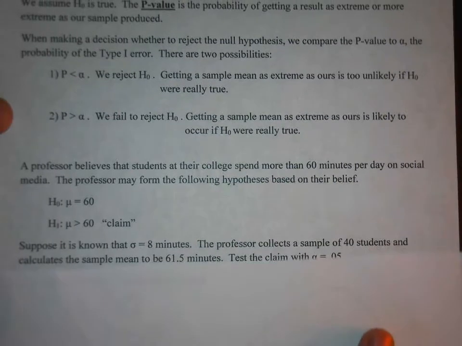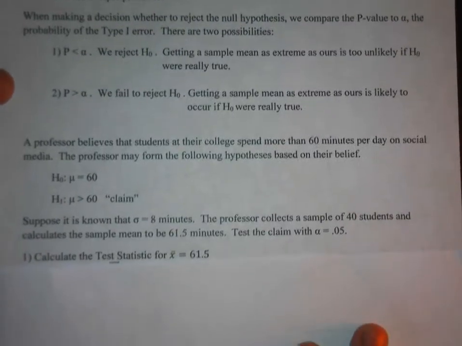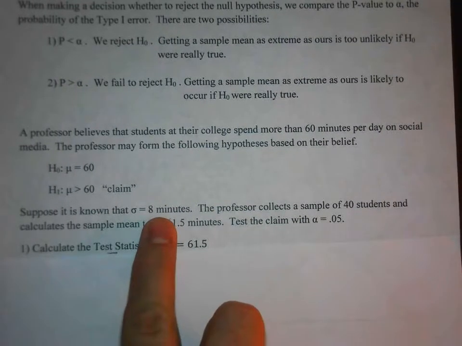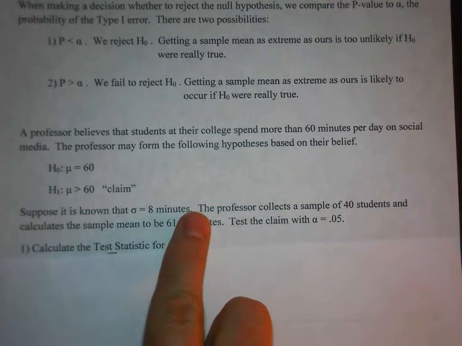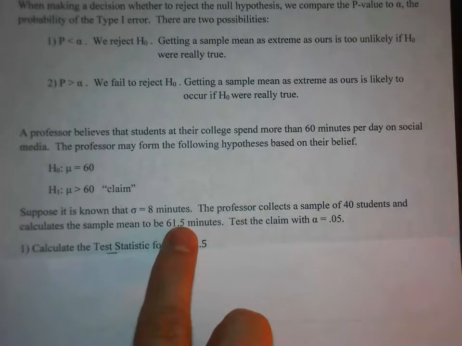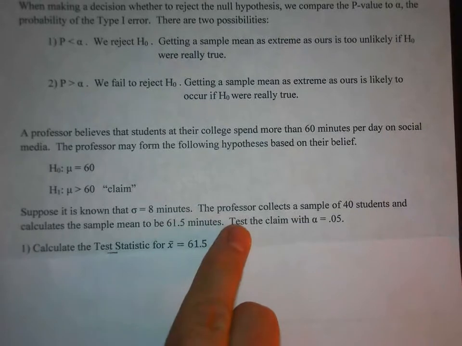Okay, so what we're going to do, suppose that we know sigma is 8 minutes. The professor collects a sample of 40 students and calculates the sample mean to be 61.5 minutes. Test that claim with alpha equals 0.05.